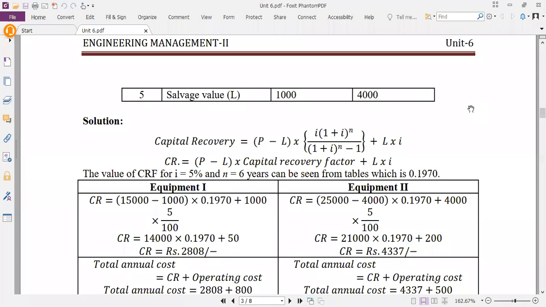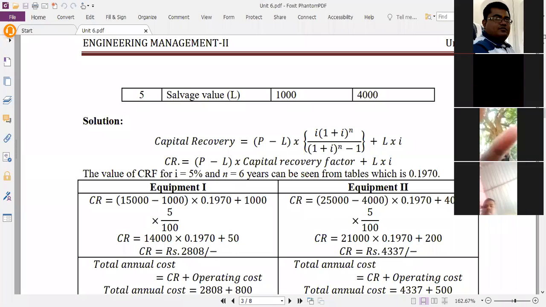Then the capital recovery is (P minus L) into the capital recovery factor plus L into I. The value of CRF for I equal to 5% and N equal to 6 years can be seen from the table, which is 0.1970.